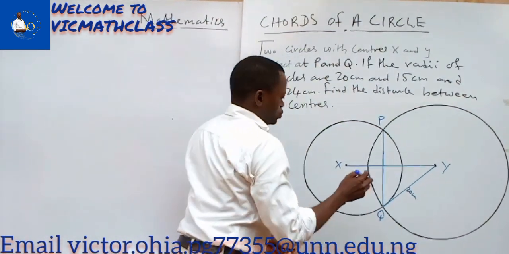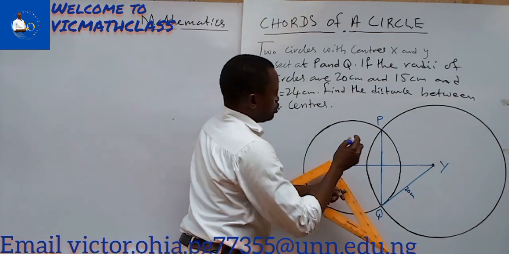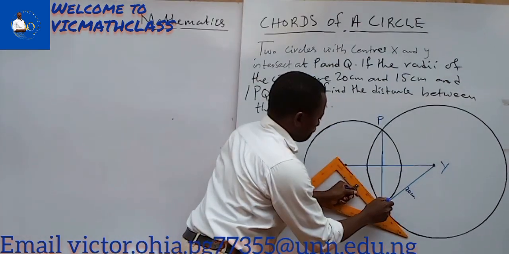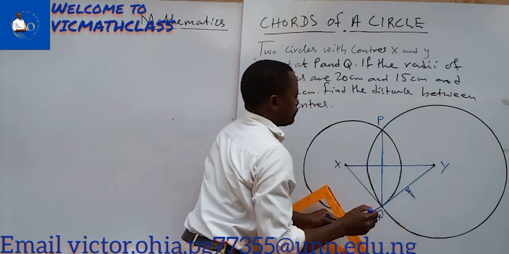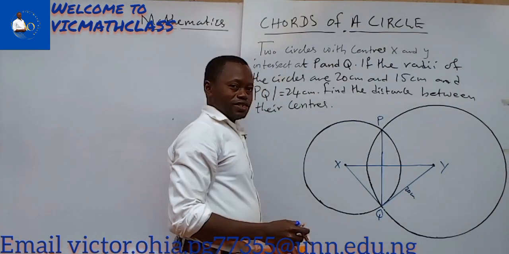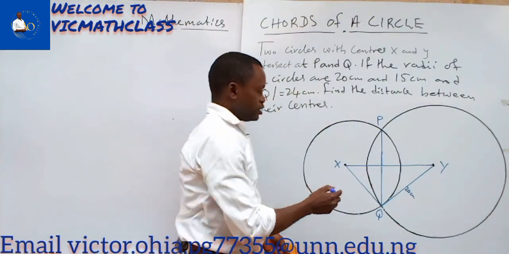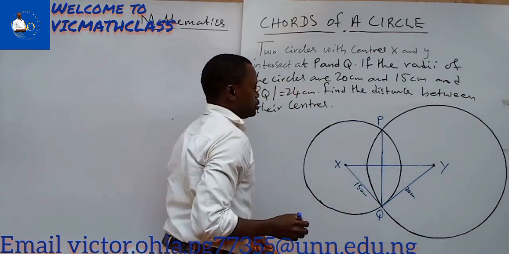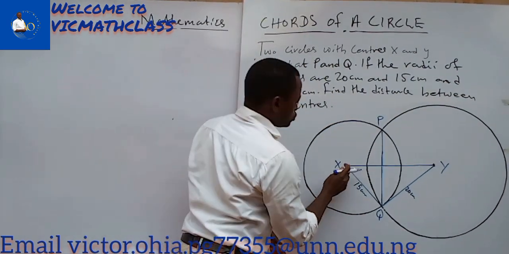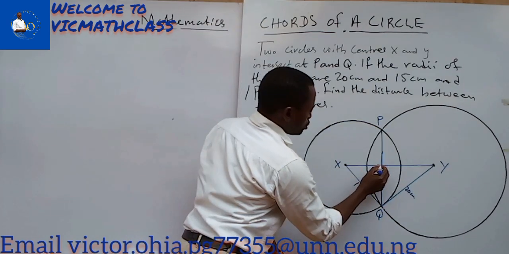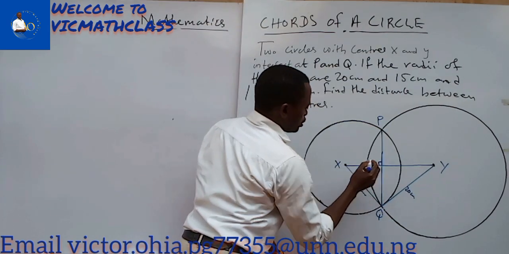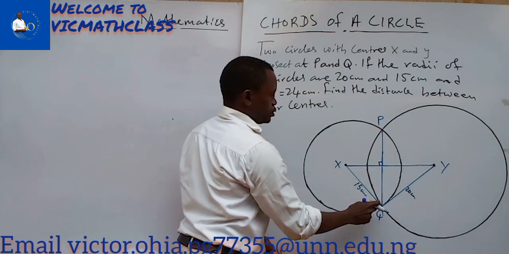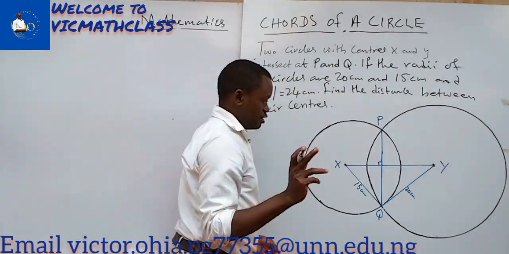So let me do the same thing for 15 cm. Wow, are you seeing something reasonable? I think we are making some sense now. 15 cm. Now you know that from here to here, this line is at right angle to this chord, by that theorem I gave.